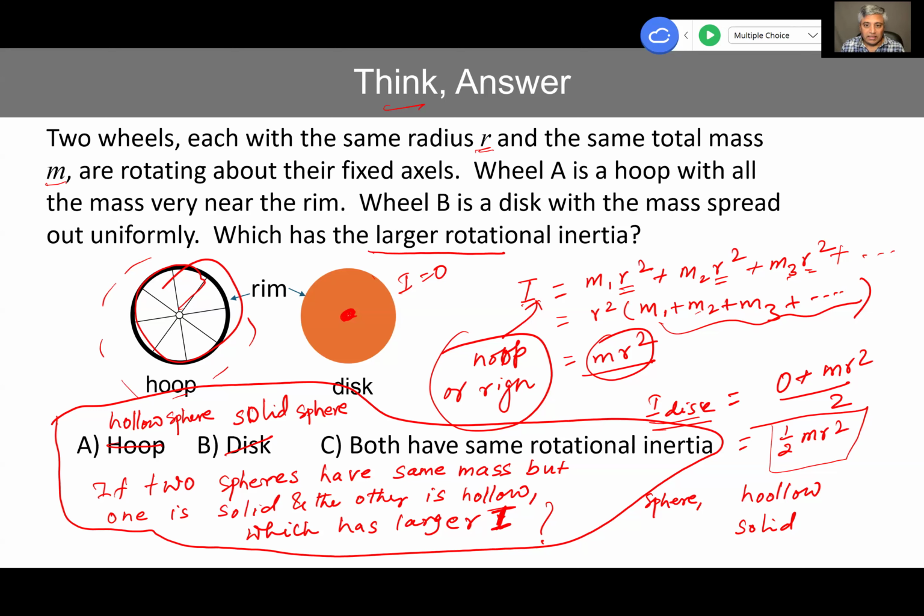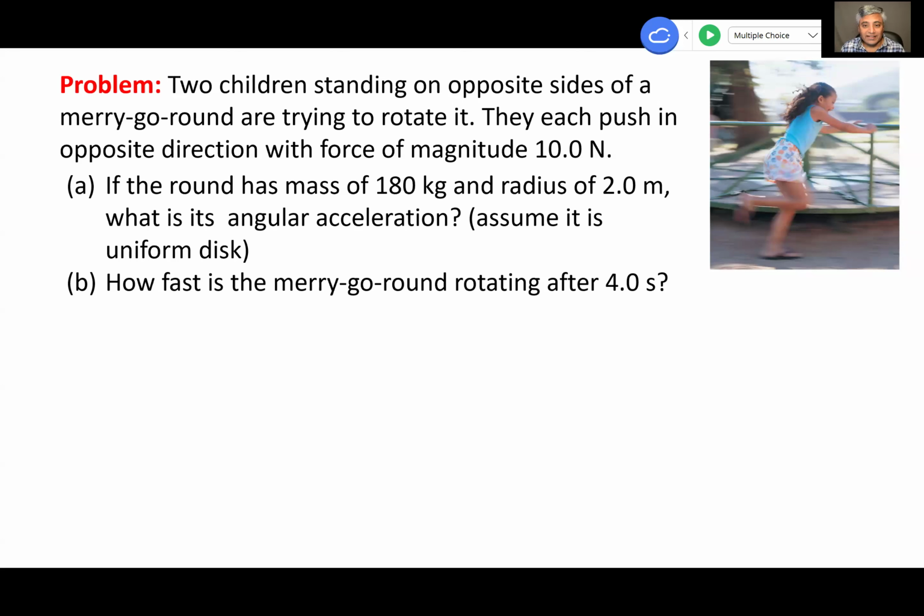So I like this problem because it has both kinematics and dynamics for rotational motion in just one problem, okay? So first, let's look at what's going on. Two children standing on opposite sides of a merry-go-round are trying to rotate it. You can see one kid is there, and kids are smarter.